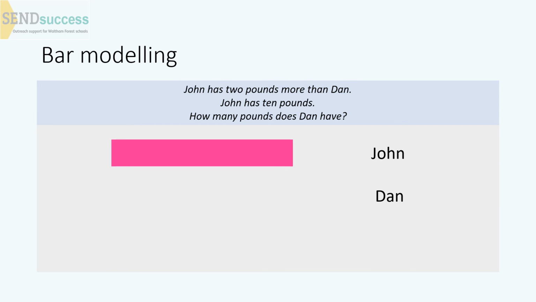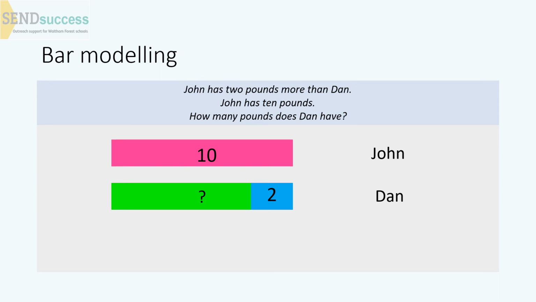The images can act as a bridge between a word problem and the abstract maths that's required to solve the problem. The bars of the rectangle represent known numbers and unknown numbers. So the key information we have is we've got the 10 and we've got the 2.